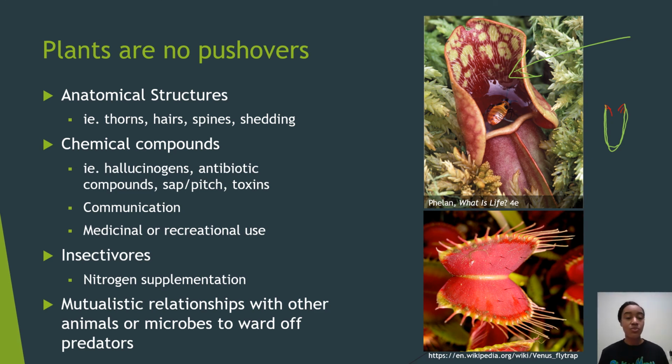So let's say a plant has an interaction with ants and it benefits the ants and it benefits the plant to be together, and then a deer tries to come up and eat that plant, the ants will attack that deer and protect the plant. So there are some interesting relationships that plants can undergo even though they're not even able to get up and move. They've been very, very successful in finding ways around immobility.